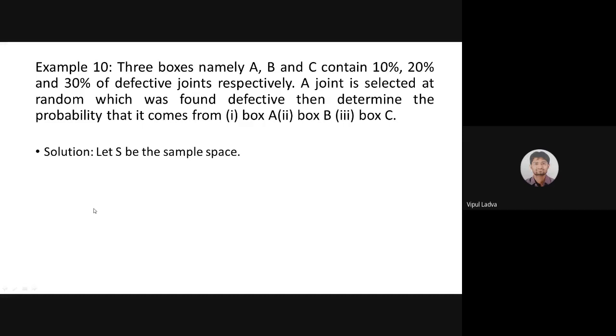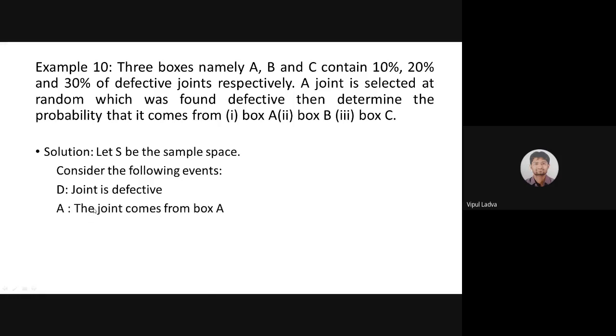So, S is the sample space, and we are going to label some of our events as given in the example. D is the event that the randomly selected joint is defective.